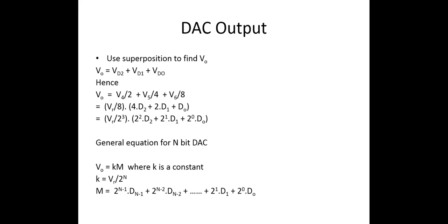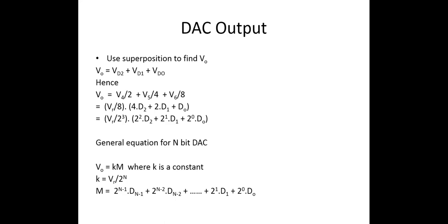So K, which is also the minimum step size in the output of the digital to analog converter, must be considerably greater than all the noise voltages, and the main source of noise will be the input offset voltage and the input offset currents.